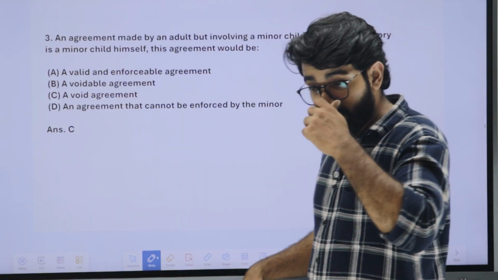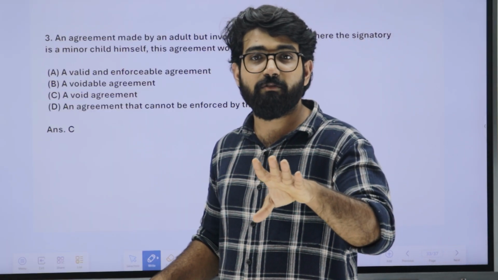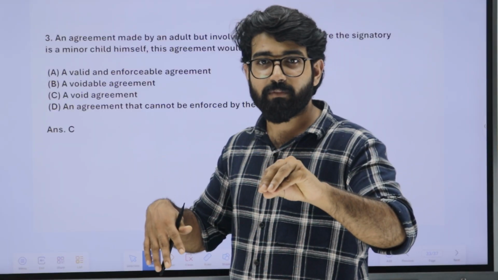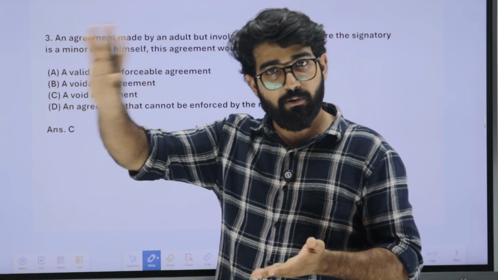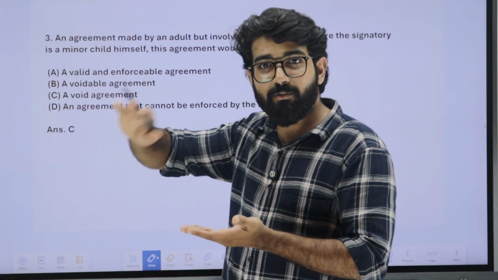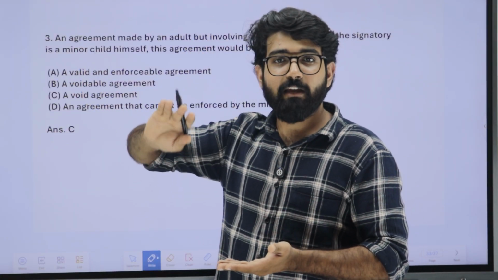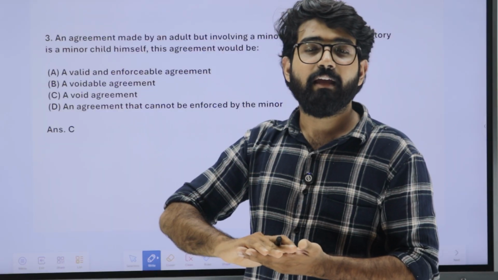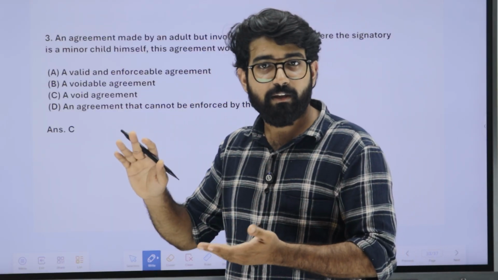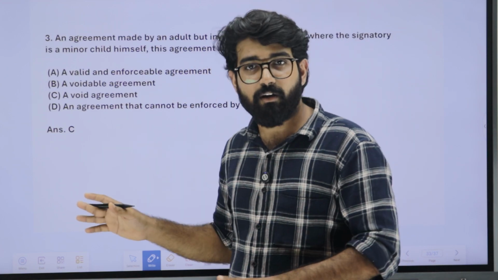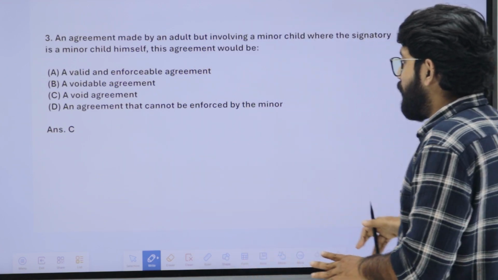There are some circumstances in which we can enter into a contract with a minor or an unsound person, which we will learn separately. We are in the process of learning, and we will get there soon. Initially, a contract with a minor is void ab initio, and this was an example of a void contract itself.